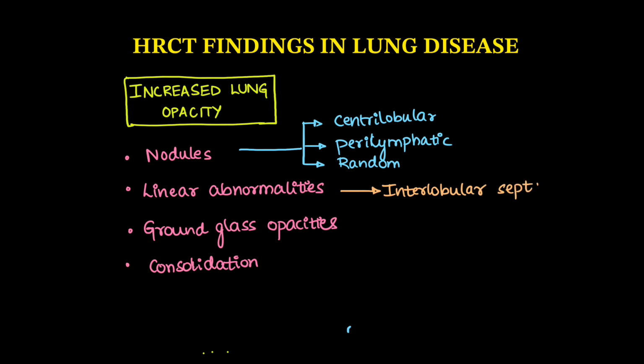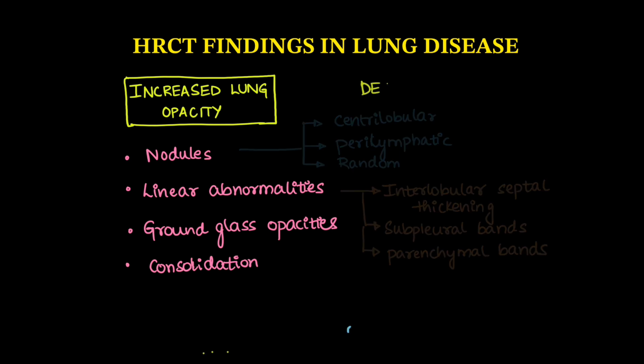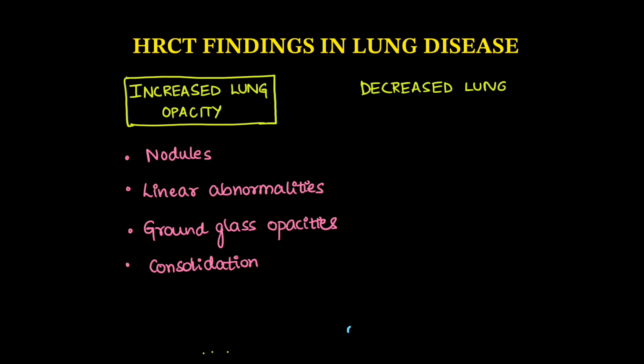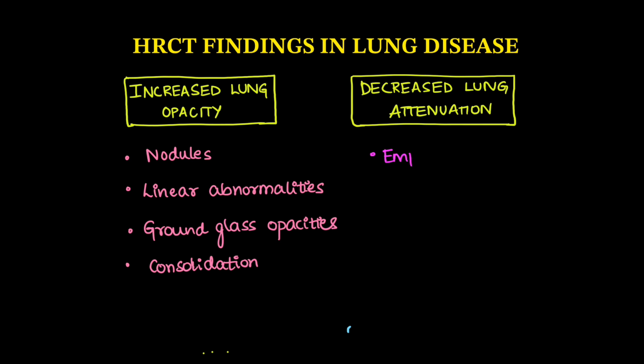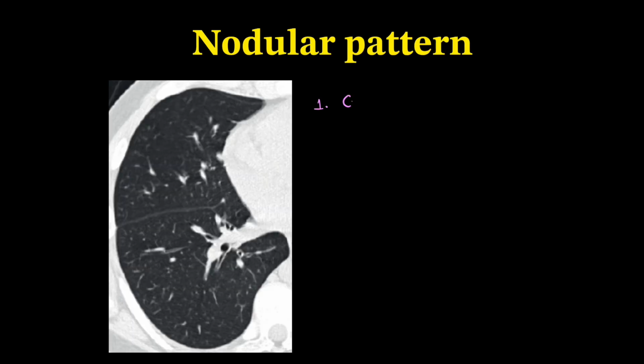In linear abnormalities we have interlobular septal thickening, subpleural bands, and parenchymal bands. Diseases producing decreased lung attenuation are as follows: emphysema, lung cysts or cystic diseases of lung, bronchiectasis, and honeycombing changes.